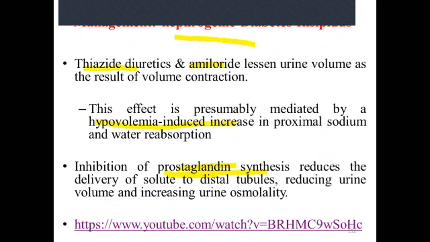Hypovolemia-induced increases in proximal sodium and water reabsorption can in such a way treat this resistance to the action of antidiuretic hormone. Prostaglandin, did you get the role of NSAIDs?